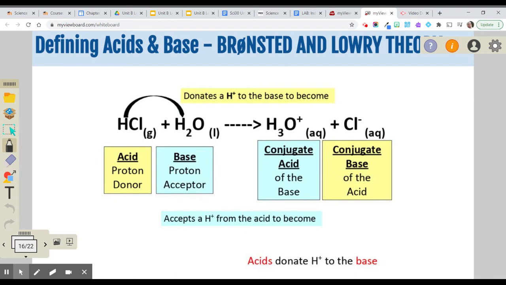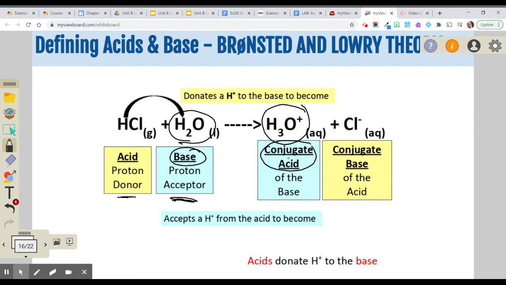Here's another drawing of the exact same equation. We talked about hydrochloric acid. It's our proton donor. The water is acting as the proton acceptor. Now, when the water turns into the hydronium, it was the base, and now we call that hydronium the conjugate acid of the base.